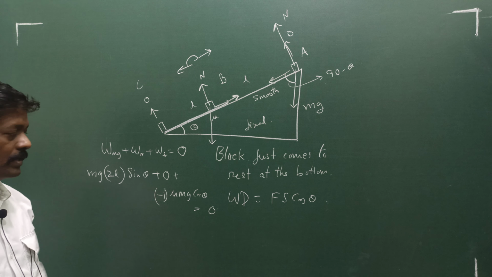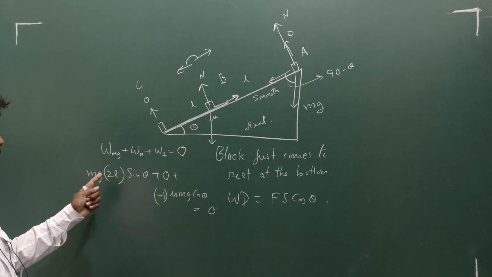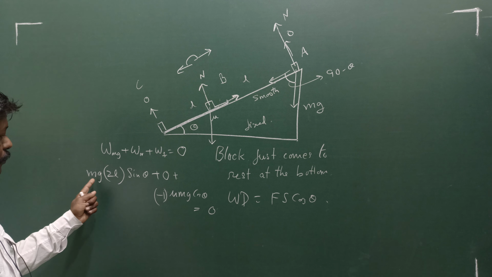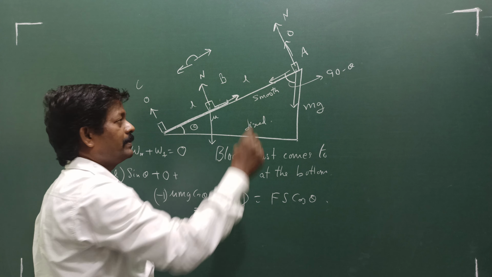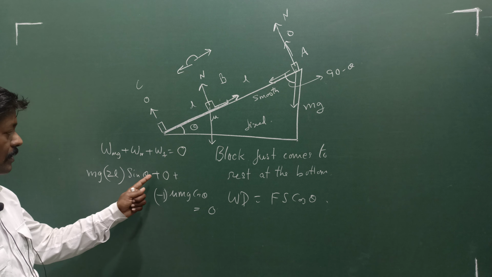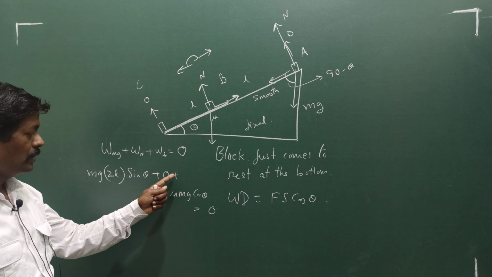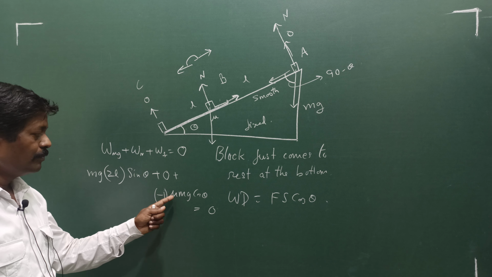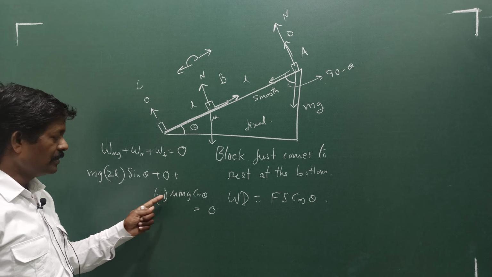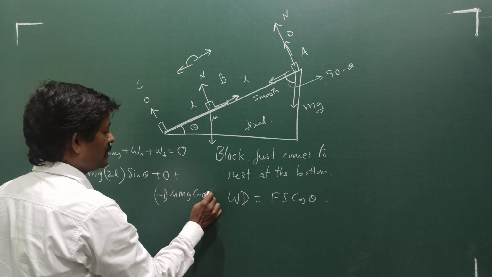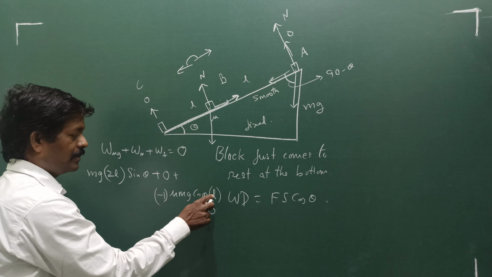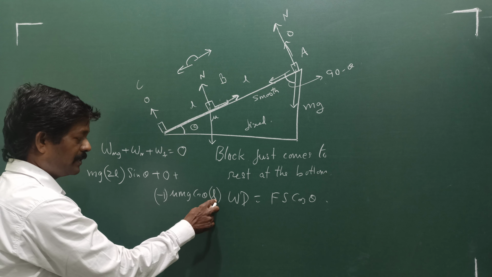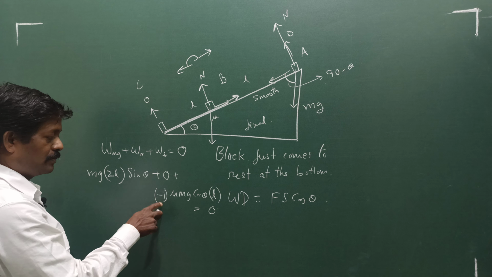The problem is solved. Once again, mg into 2L into sin theta, force into displacement into cos of the angle between them. Cos of 90 minus theta is sin theta. Work done by normal reaction is 0, plus work done by friction is mu mg cos theta into displacement L, into cos 180, minus 1.